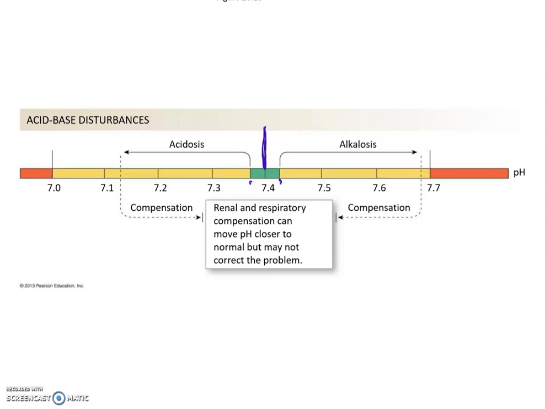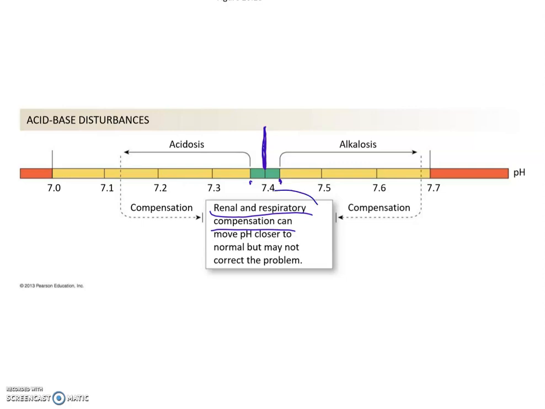Anytime you're in danger even of falling outside of that green range, if you're falling below 7.38, then you will be having an acidosis. If you're above 7.42, you end up with an alkalosis, and then you have renal and respiratory compensation that will move you closer back to homeostatic values right around 7.4.